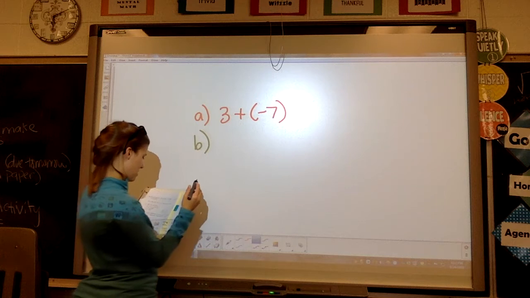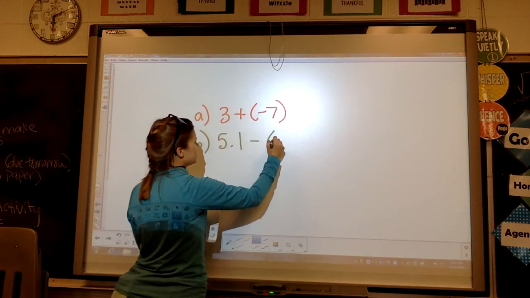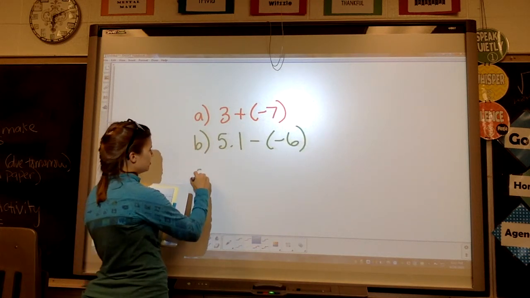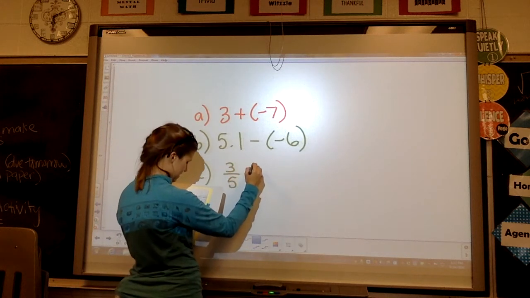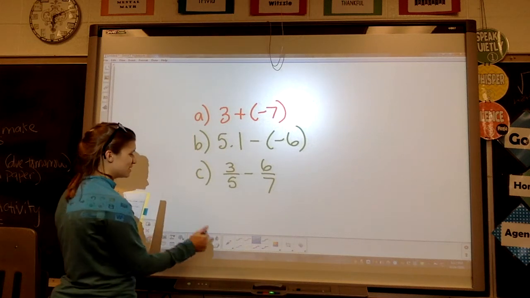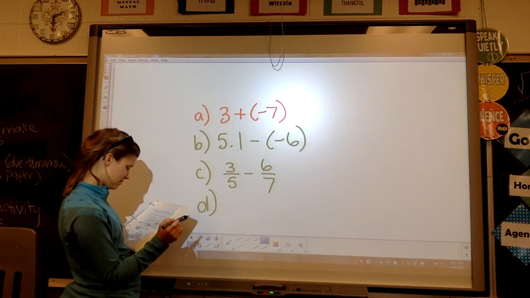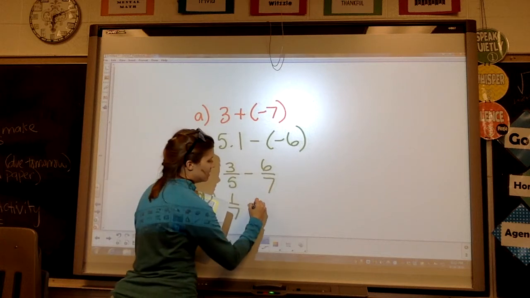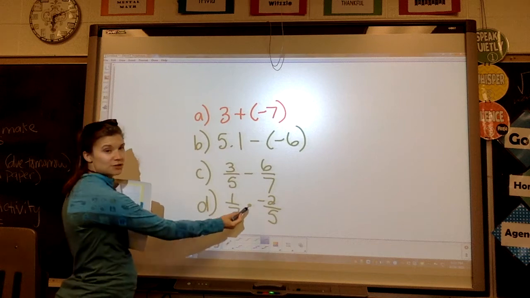I want you to try 5.1 minus negative 6. I want you to try 3/5 minus 6/7. I know, you're not going to like that. Fractions getting involved. And I want you to try 2 more. 1/7 times negative 2/5. That's a multiplication right there.